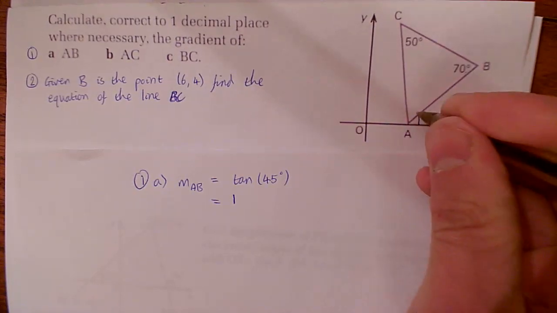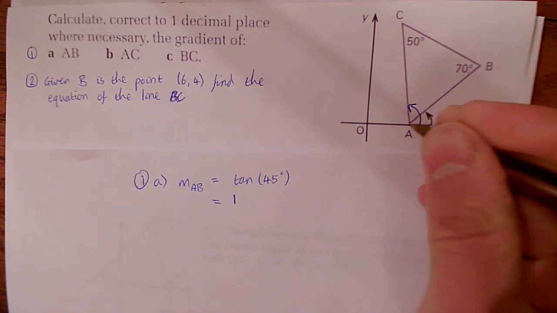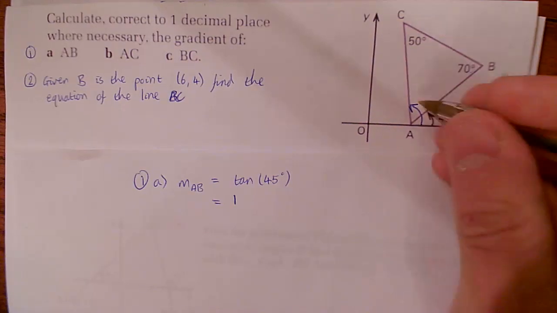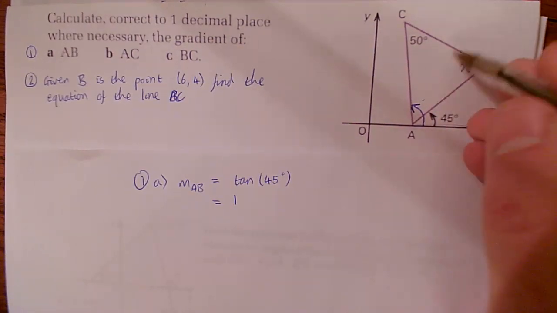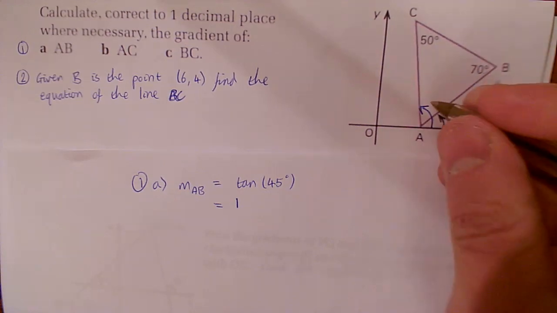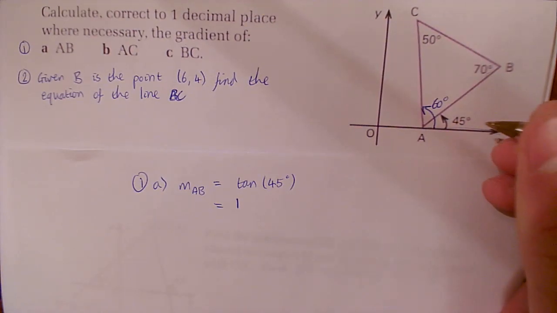Well, the angle we're interested in is that one, because that's the angle between the horizontal and the line AC. Well, we can find that by working out this missing bit here. 50 add 70 is 120. So we must have 60 degrees as the third angle in our triangle.